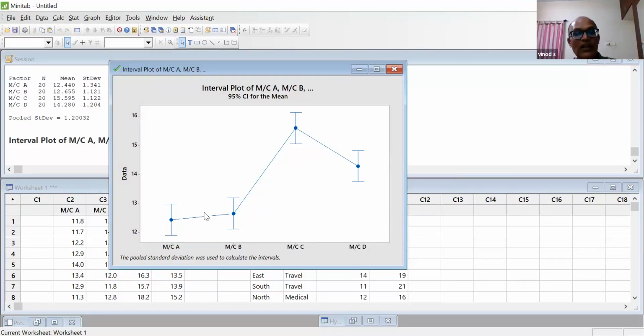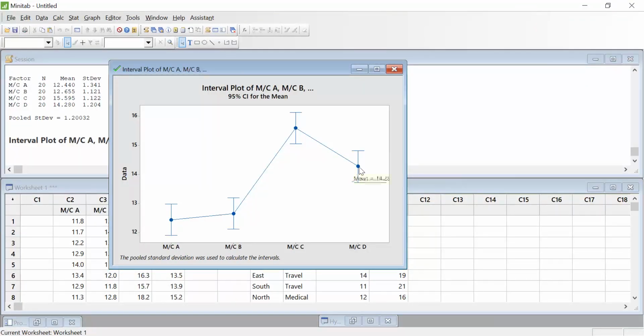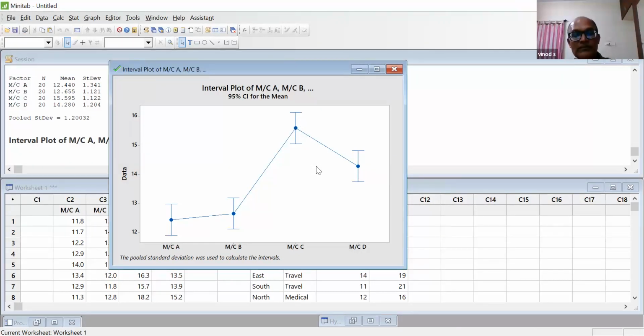Compared to these two, what about this one? This is also way ahead. But what about these two? There is a significant difference. This is also significant because you can see these two lines. This is your confidence interval, right? This is your observed mean value, and this is its confidence interval, right?